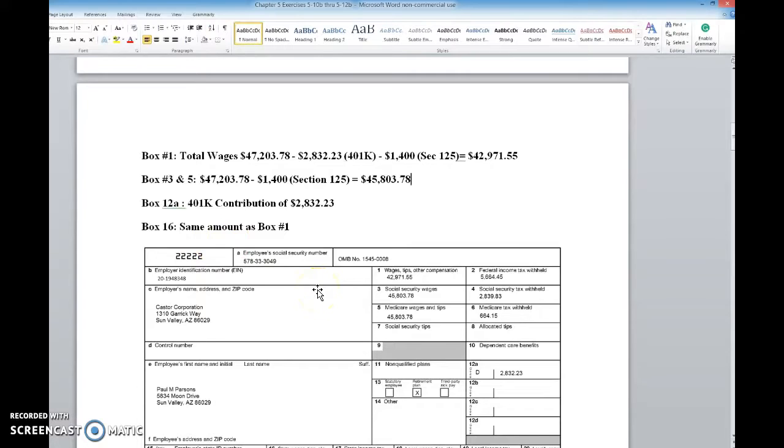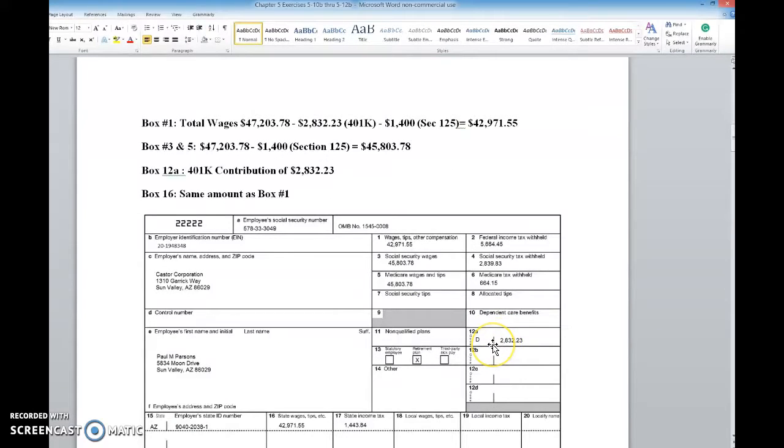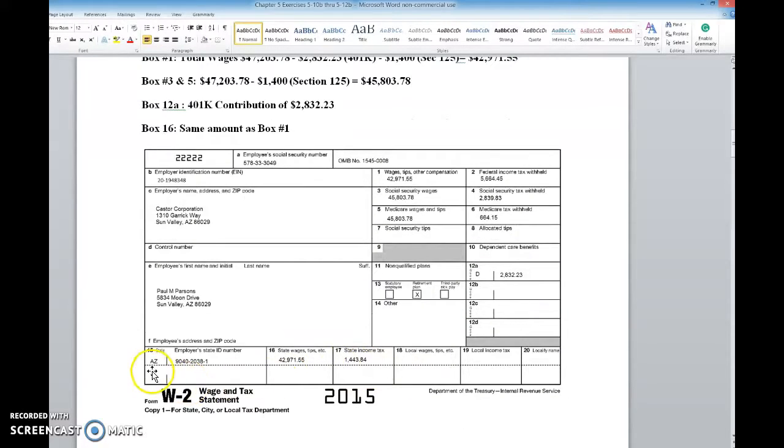And then if you go down to box 12A, we need to complete the 401k contribution. That is also given to us of $2,832.23. They do participate in a retirement plan, so you would X the box in box number 13. Going down to box number 15, the employer's state identification number.